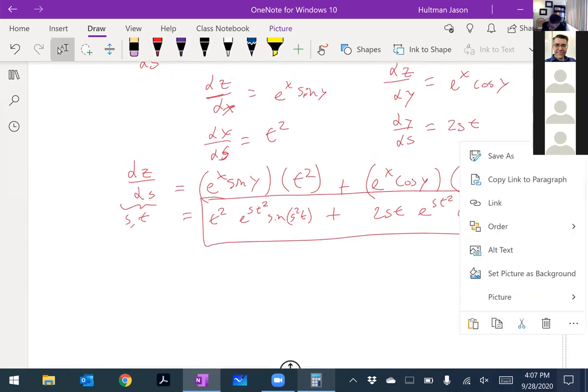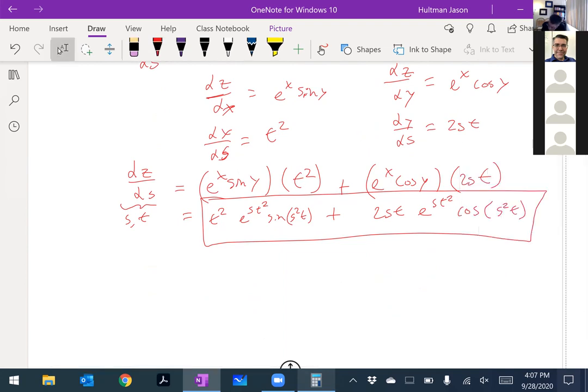Very similar to what we did before. We'd just have to find dx dt and dy dt. So the partial of x with respect to t is going to be equal to what? If x is st squared, then this is going to be 2st with respect to t.